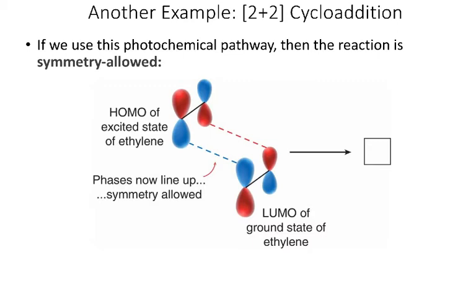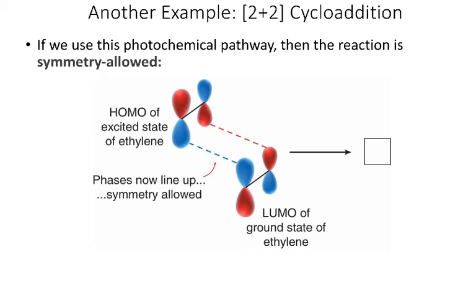In this case, we would call this a photochemical pathway. Without hitting these molecules with the correct frequency of electromagnetic radiation, the reaction can't happen. But if we can hit it with the right frequency and cause this photochemical reaction to happen, then we can get the 2+2 cycloaddition.